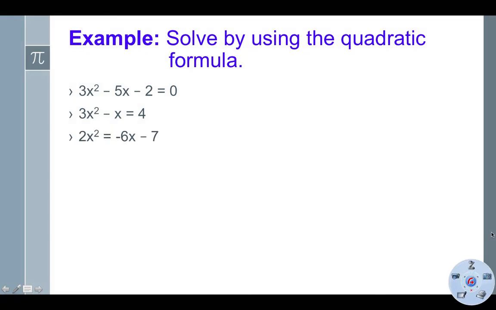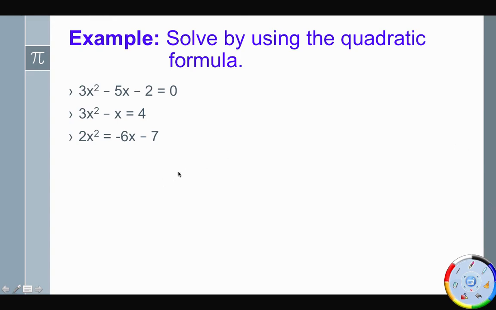Our last example is this one. It's a very important example because it deals with the imaginary number. So again, put this in standard form. If I add 6x to both sides, I get plus 6x.